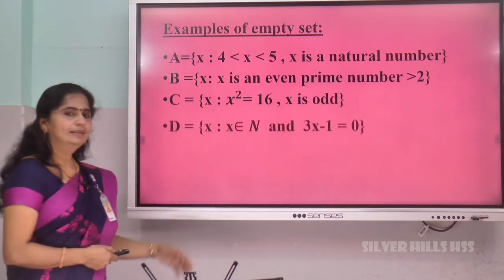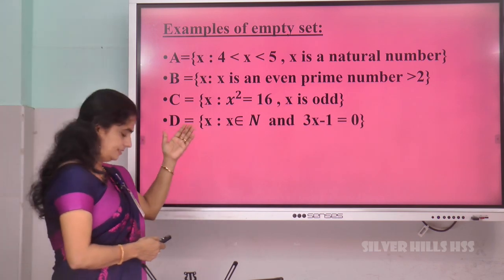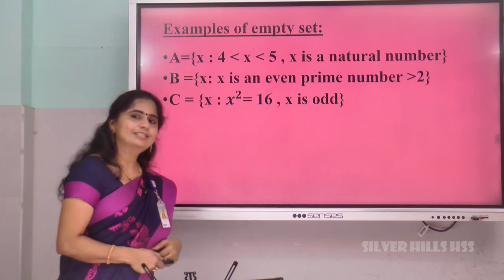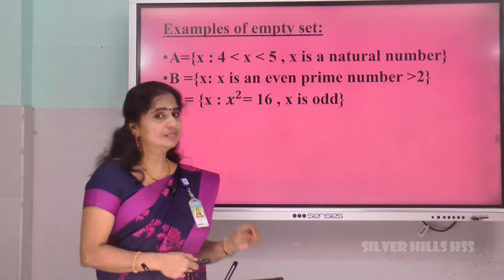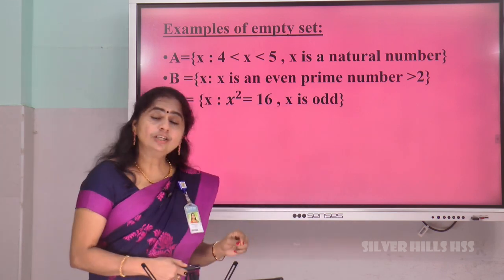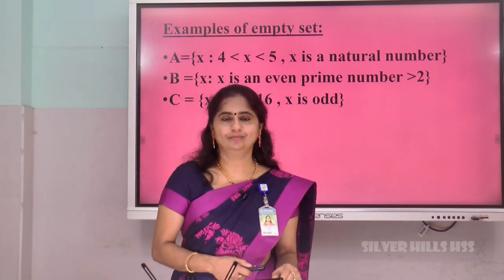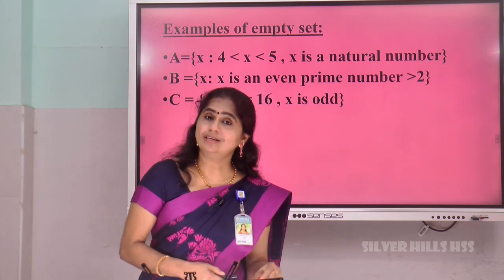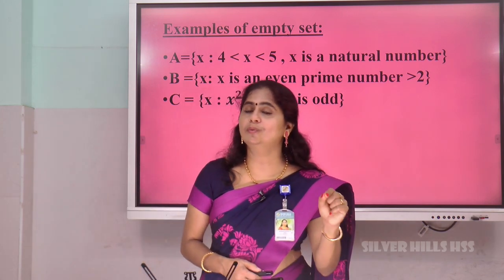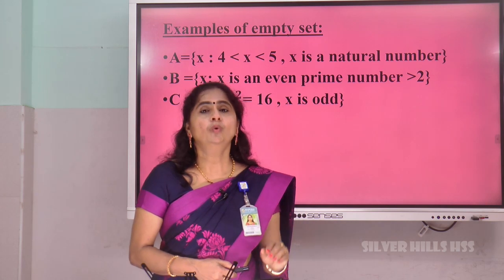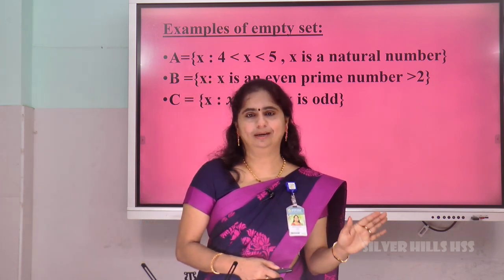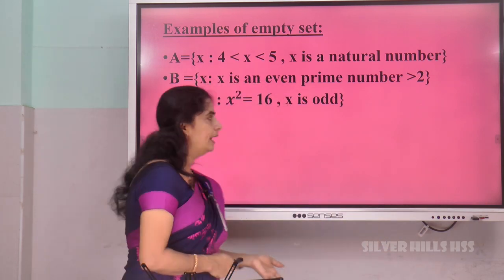Next, consider the example, set of all x such that x squared equal to 16. The condition is that x should be odd. So we know that when x squared is equal to 16, x is equal to plus 4 or minus 4, which is not an odd number. So that is also an empty set.